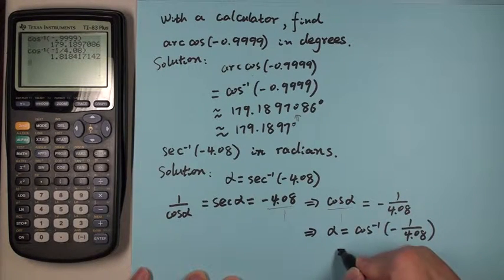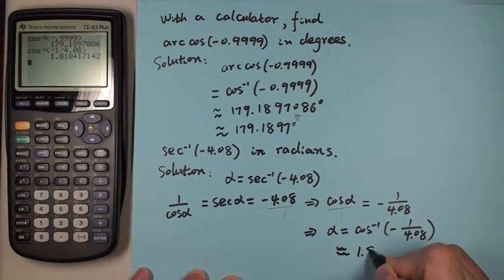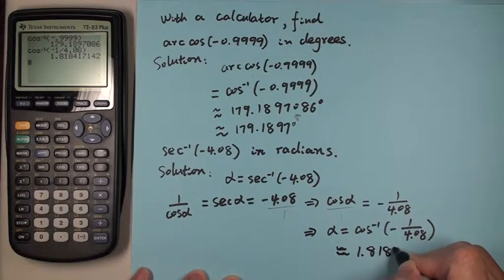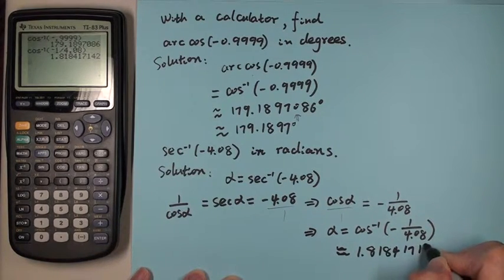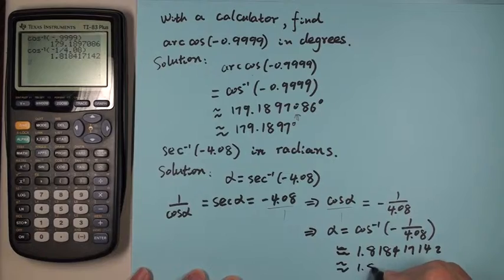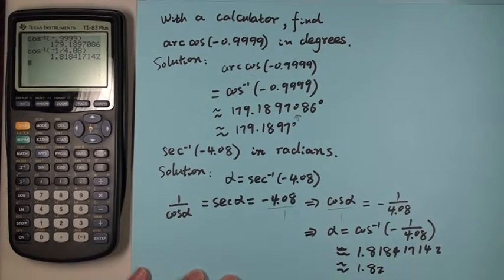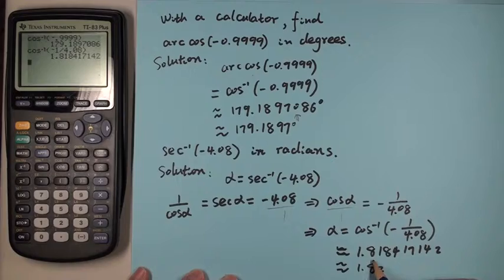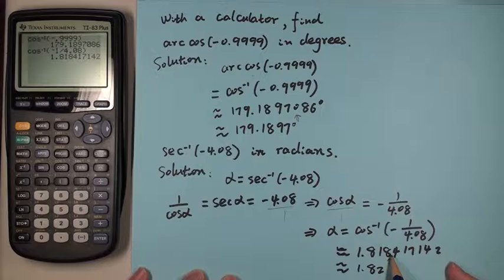The answer is approximately 1.81841714, or approximately, if you want, 1.82. If you are required to keep 2 decimal points, you look at that 8, which is greater than or equal to 5, so round it up.